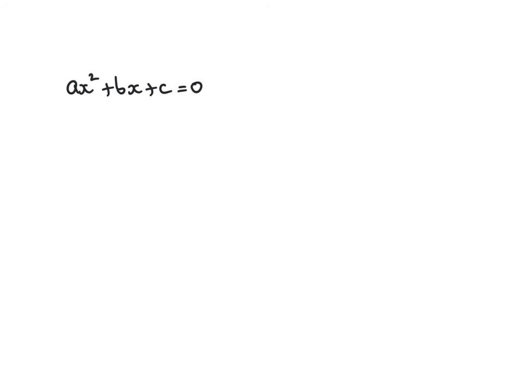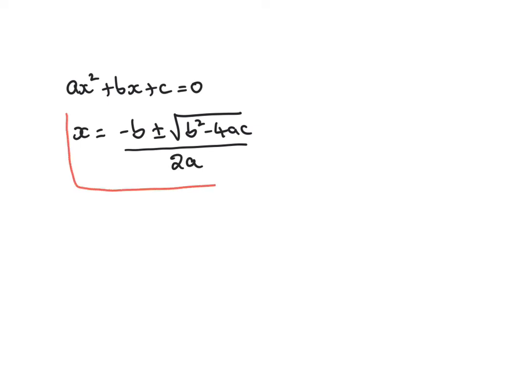The formula is x is equal to minus b plus or minus the square root of b squared minus 4ac, over 2a. This is called the quadratic formula.